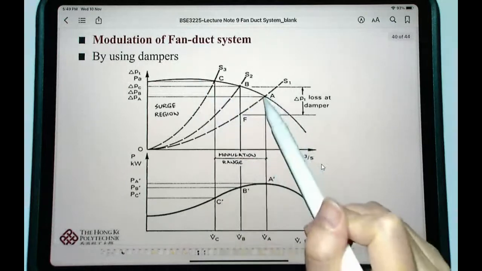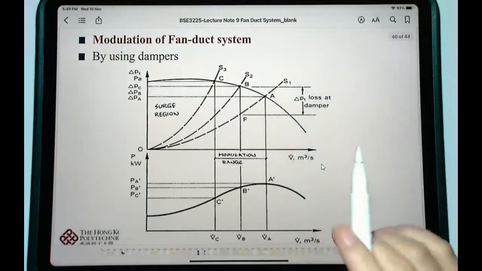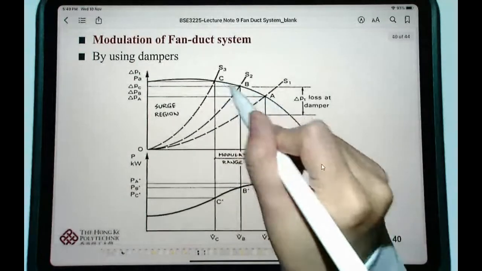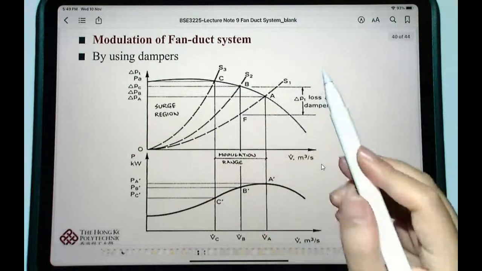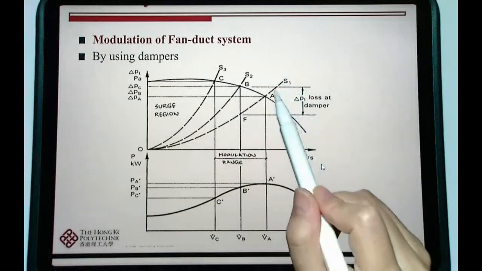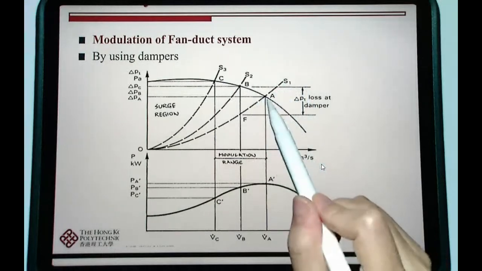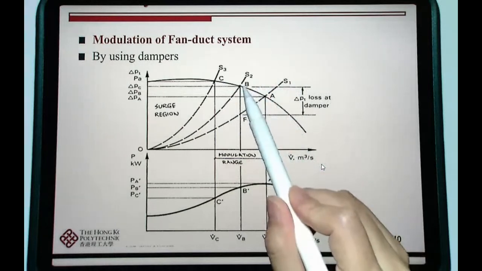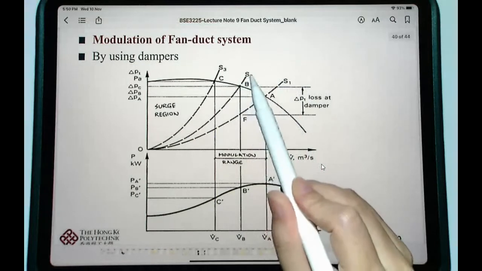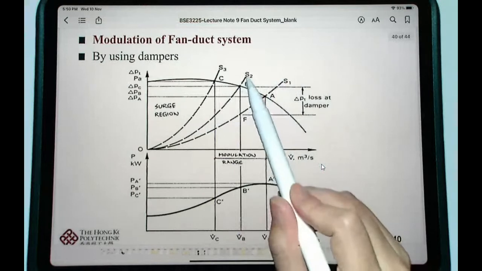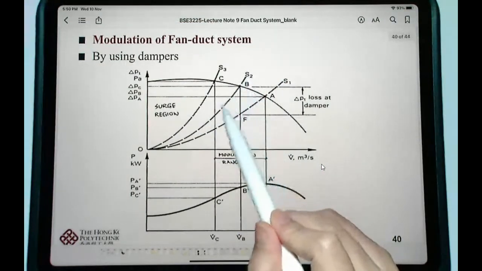When you apply dampers to the fan duct system, you are actually changing the system curve. For example, here S1 corresponds to the damper at the first location, and when you further close up the damper, the duct system resistance will increase, and you will get a new system curve here.